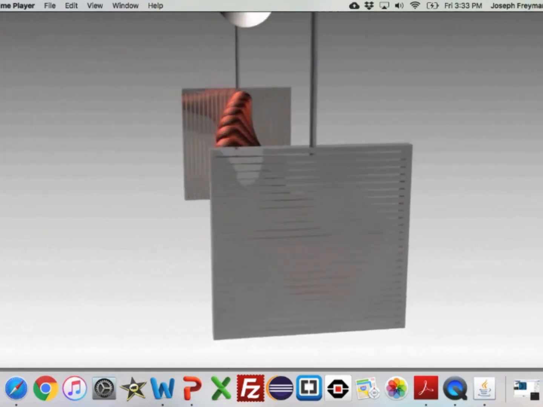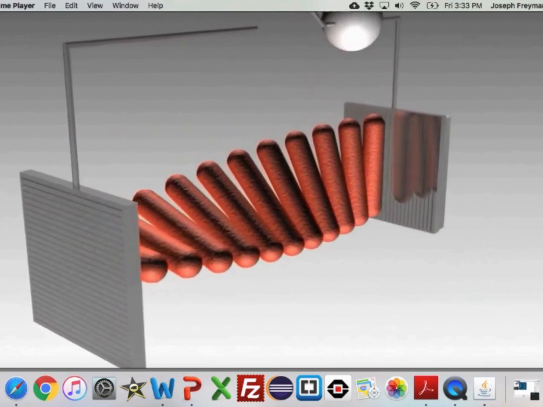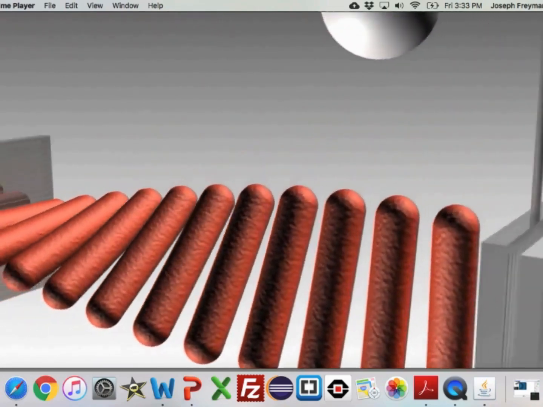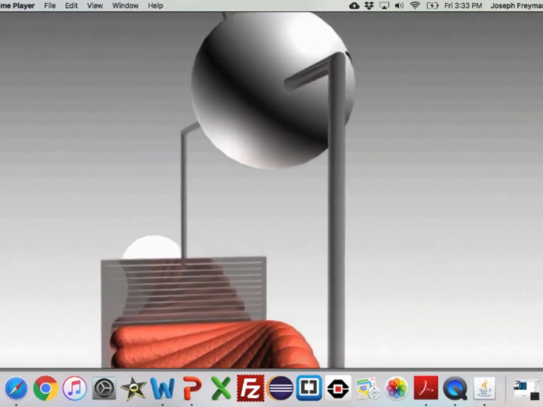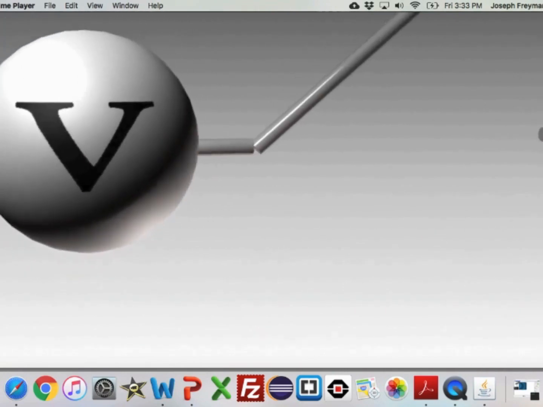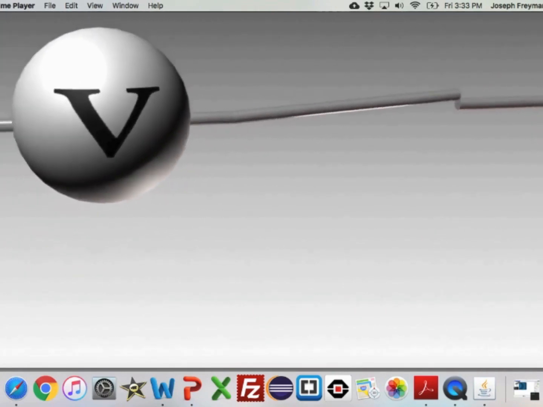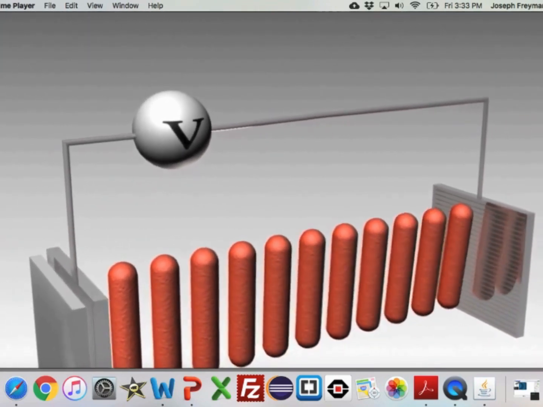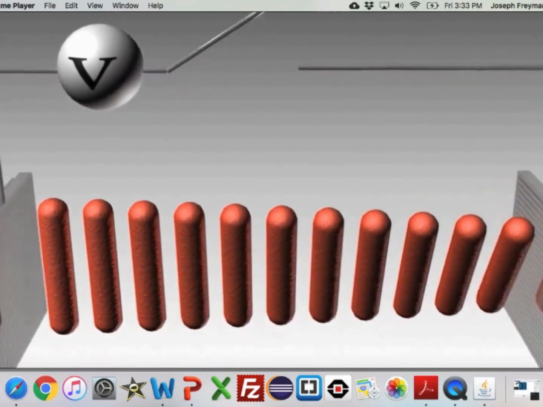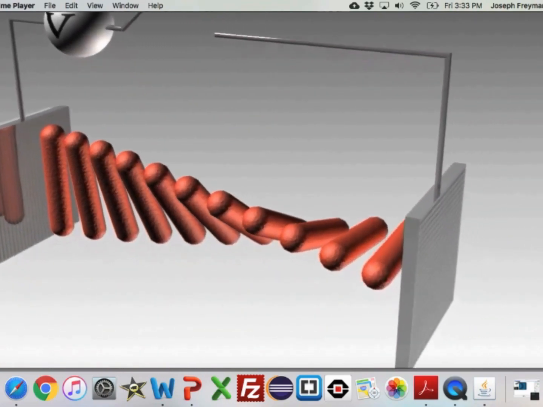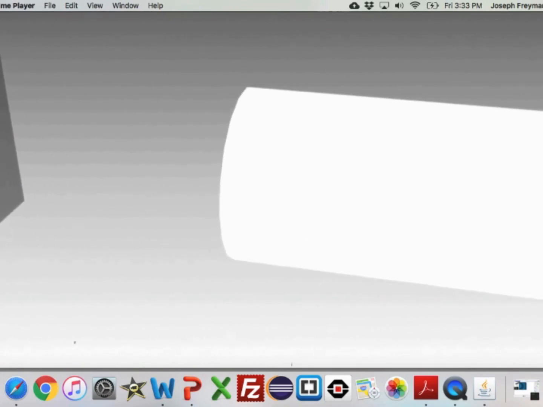The hot dogs just represent the liquid crystals, which behave in a very specific way when voltage is applied across them. Look, when voltage is applied across them, they line up like that. When the voltage is taken away, they twist.